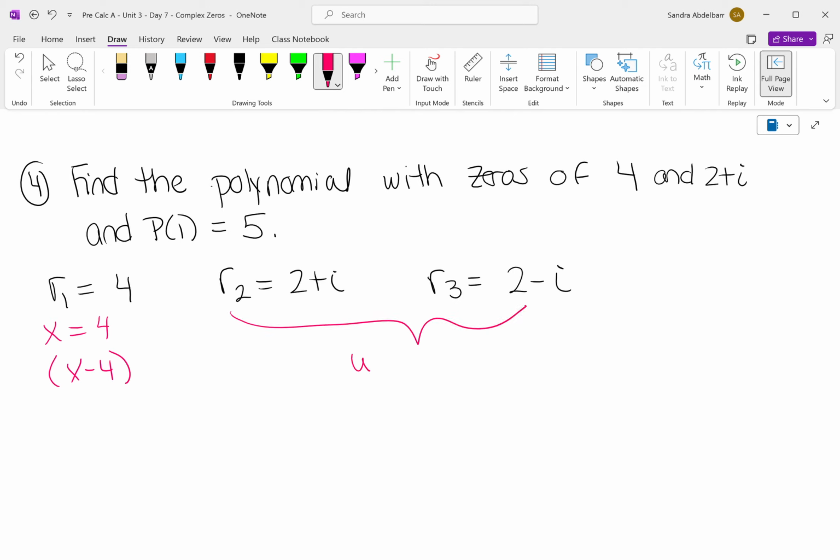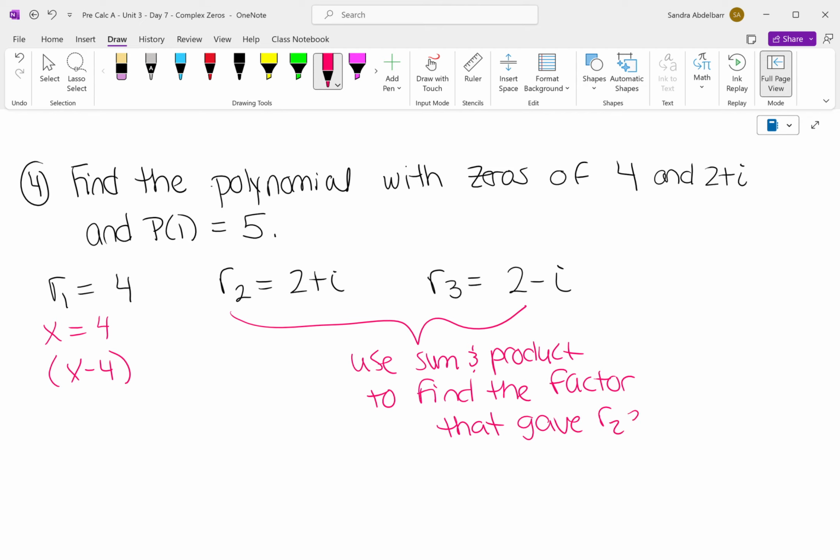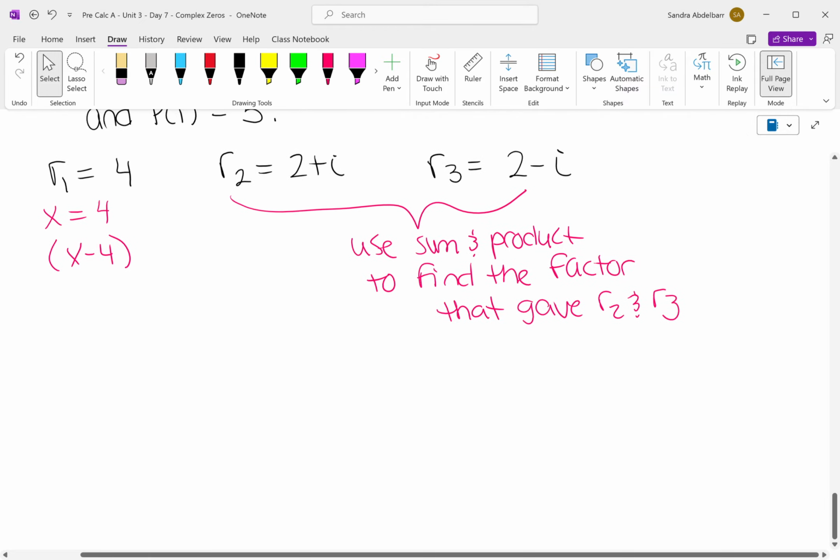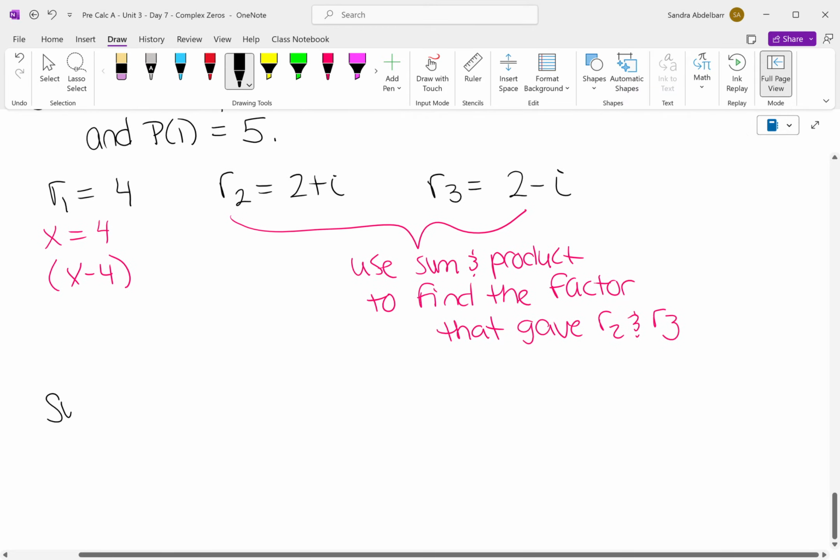Now we're going to use sum and product to find the factor that gave us root 2 and root 3.